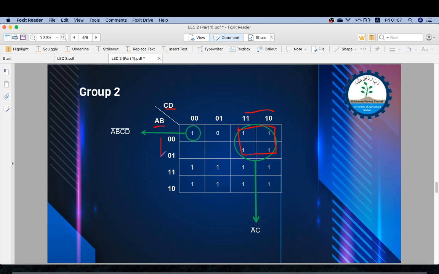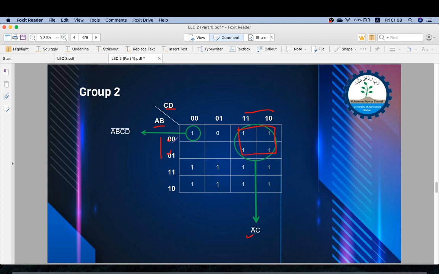The A, Bs are 0, 1 and 0, 0 in this quarter grouping. First we take AB. What is the A value in both? 0, 0. So it's common, and because it is 0, we take A complement.